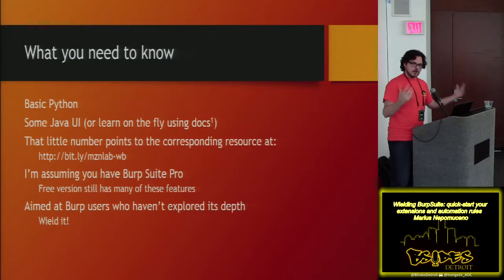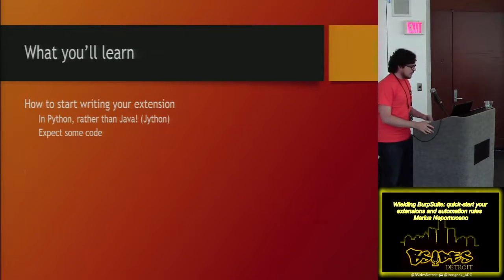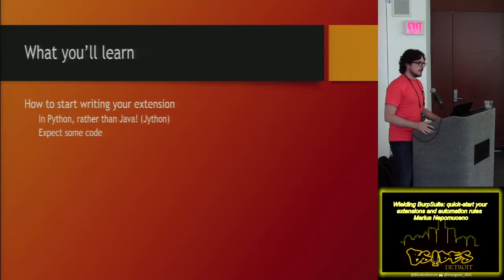So all in all, this is aimed at BurpSuite users who haven't explored all of the depth in BurpSuite yet. So you know how to use it, you know that it's a proxy, you know Intruder, Scanner, and all that stuff. Now it's time to take that extra step and really wield BurpSuite to its full potential. So what you'll learn is how to actually start writing your own extension, line by line even, at least to begin with, and then I have some extra resources at my website that you can use as a shell, for example, for your extensions and things like that.